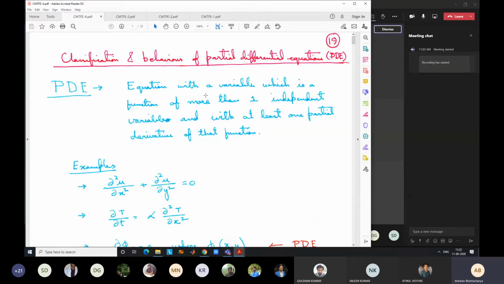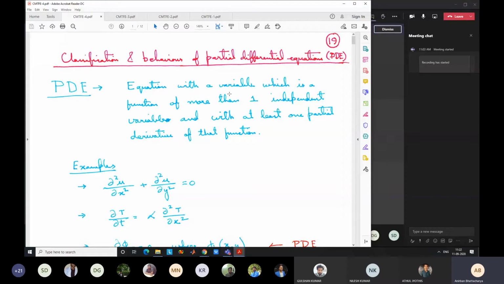So PDEs are equations where we have a variable which is dependent on more than one independent variable. For example, temperature, which is dependent on both x and y coordinates, or on the x coordinate and time, or velocity, which is dependent on both x and y coordinates.